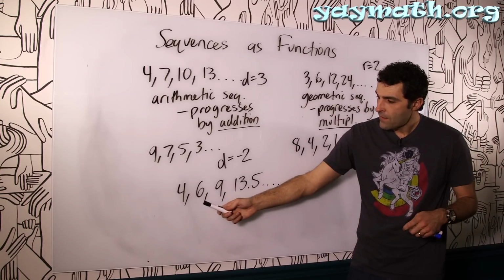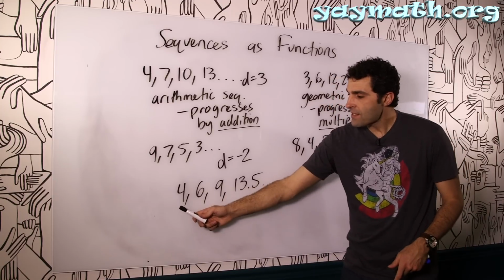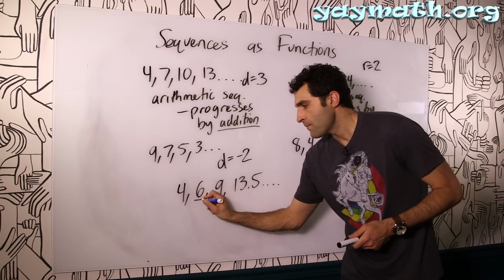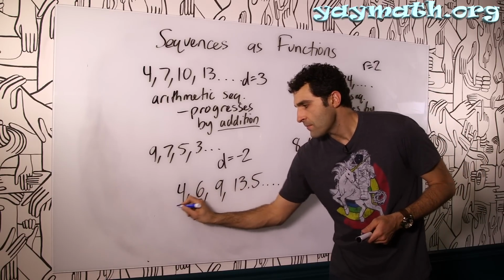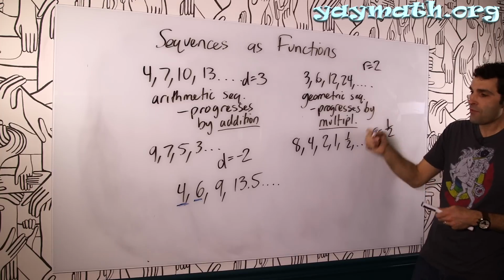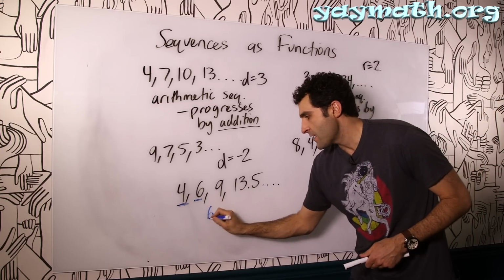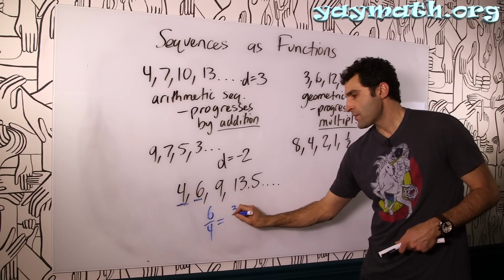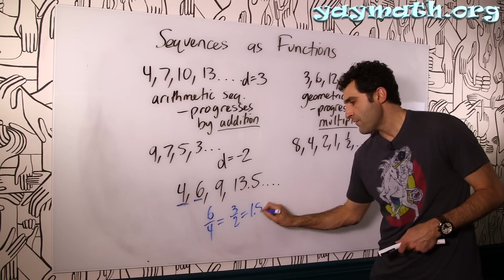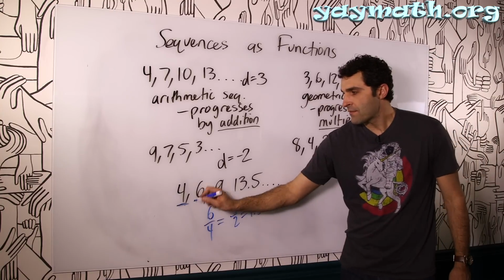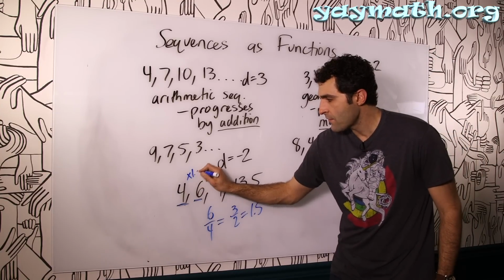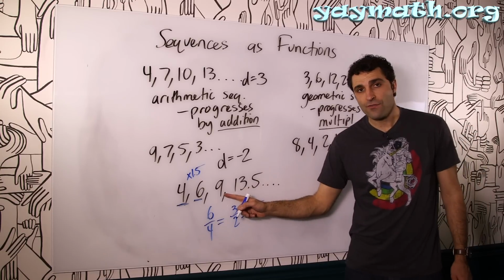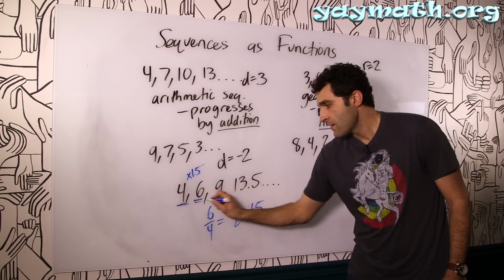If it's progressing by multiplication, then this term divided by the previous term would be that rate of growth. In other words, 6/4, which is 3/2, which is 1.5. So that would have to be times 1.5 to get to 6. Let's see if it's the same to go from 6 to 9.